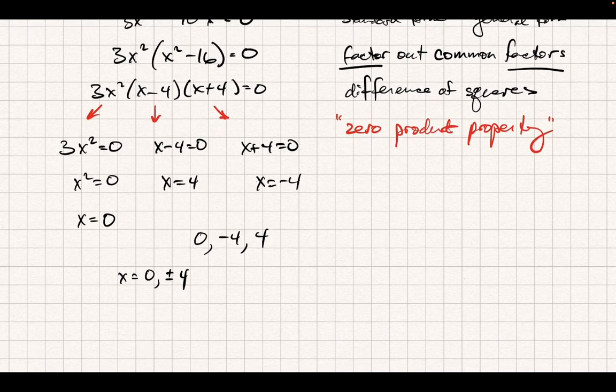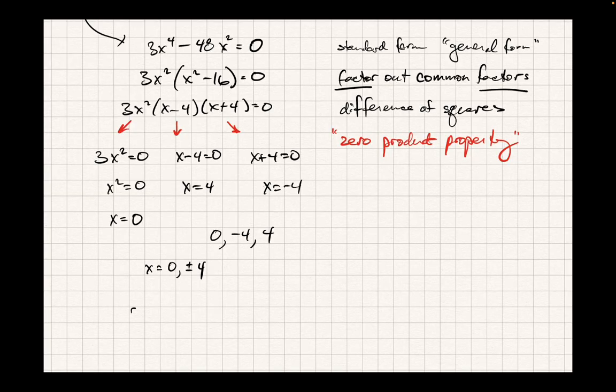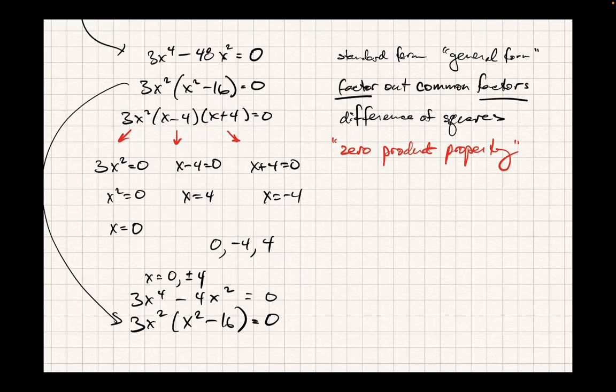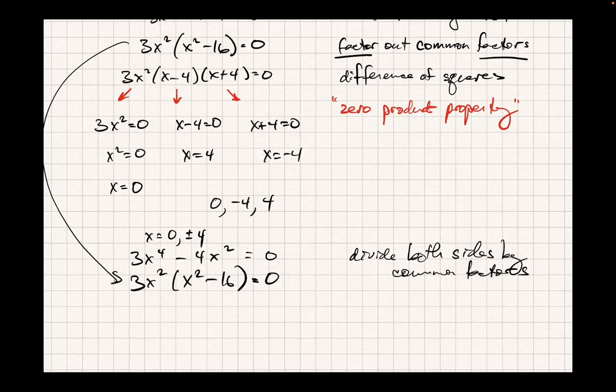Jason, for a little side track, at this point, if I say divide both sides by common factors, which is 3x squared, so let's divide both sides by 3x squared.